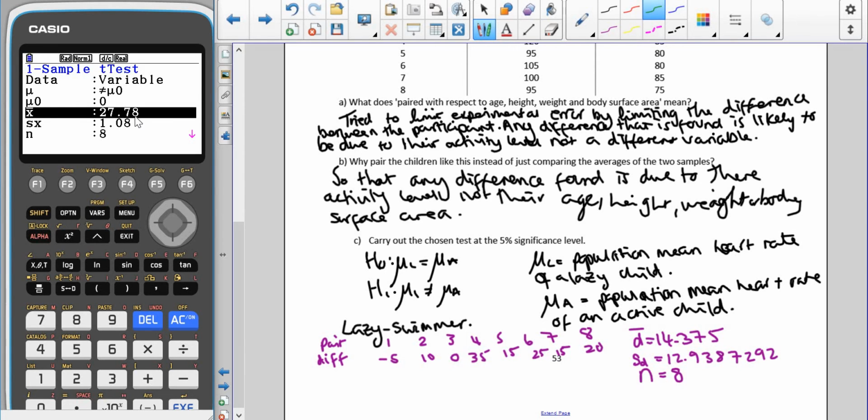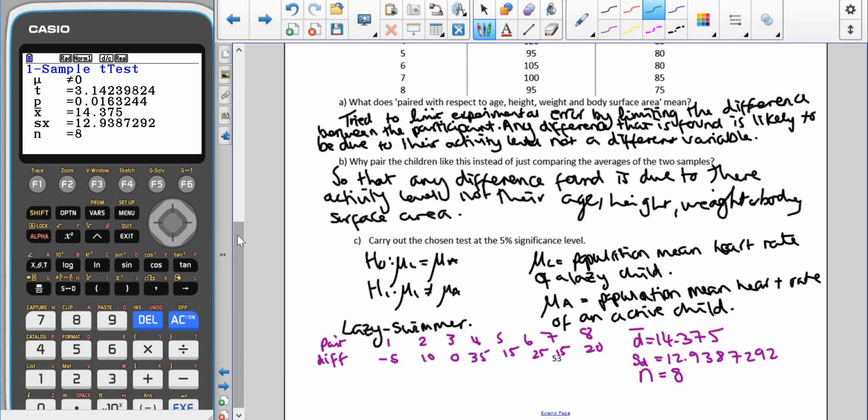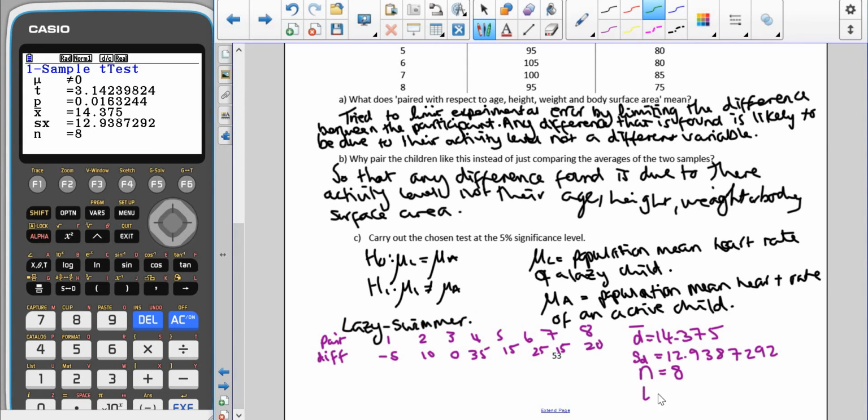The mean here is 14.375. The sample standard deviation is 12.9387292. And the number of pieces of data that we have is 8. And there we have our T, which is 3.14. That is our test statistic.